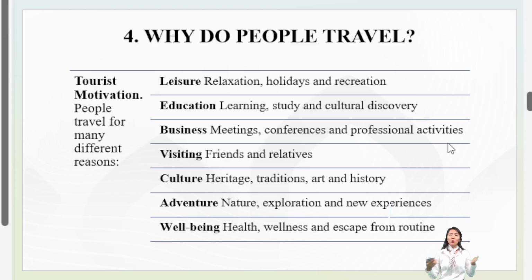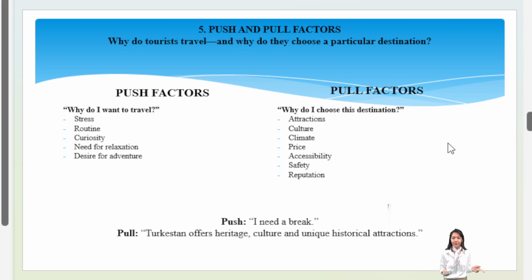Visiting friends or relatives, or other purposes, or cultural motivations, adventure motivations, and well-being motivations. Well-being means health and wellness, going to the Maldives or other calm places, which is very important nowadays.